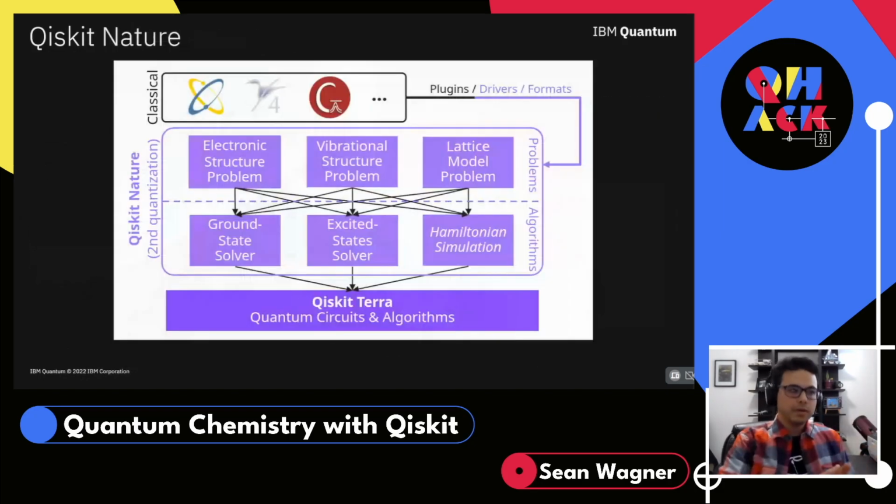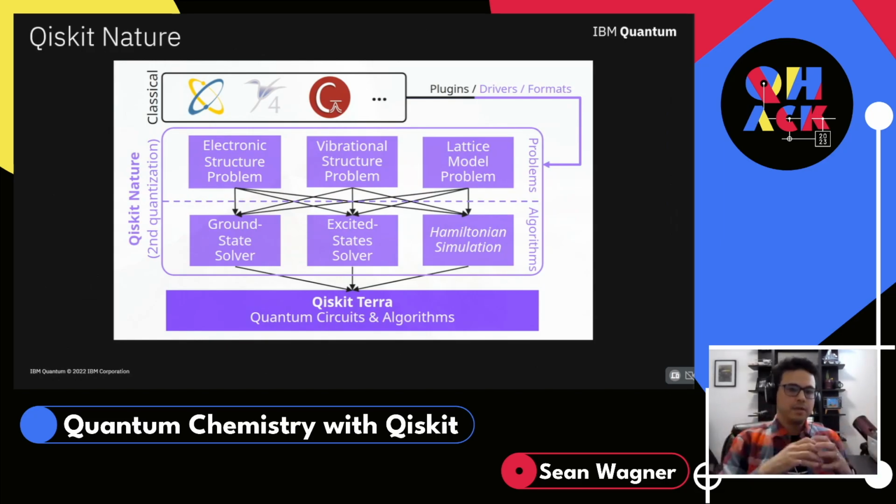This is a closer look at what it looks like. You'll find that we've built in interfaces to classical chemistry codes: PySCF is one of them, Psi4, Gaussian. If you're in chemistry and you've used these packages, we integrate with them.